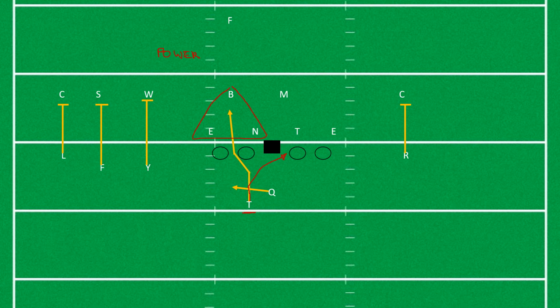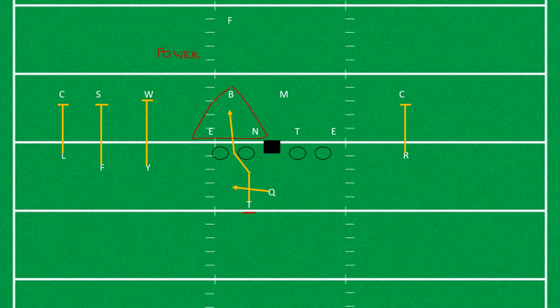They'll start to scout us, and they'll start to realize, oh, that tailback's lined up on their left side. He's going to be looking for this A gap right here. So that's where the defense will be keying on. So how do we take advantage of that? We have the tailback line up on the left side, and run to the left side.